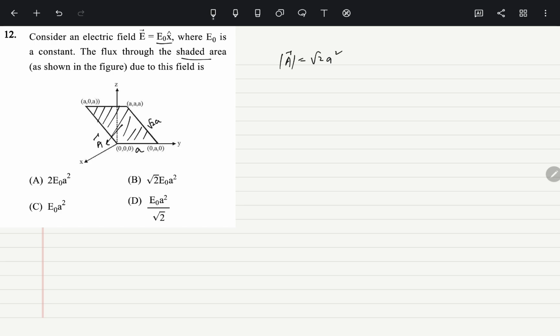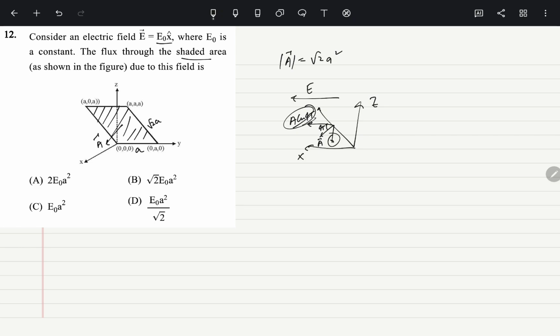Okay, so if we see the side view, this side we have i, this side we have z, and this is the surface. Its area vector will be this one. So we have to take the components, one in the i direction, one in the negative z direction. This angle will be 45. So this is A cos 45. And this component is only responsible to produce the flux because the electric field is also in this direction.